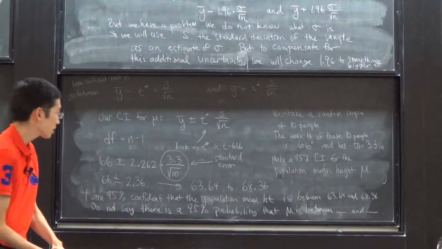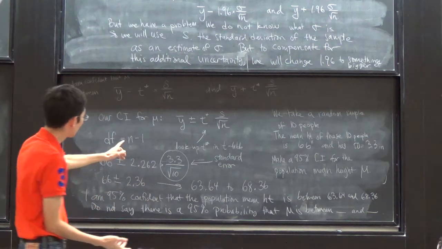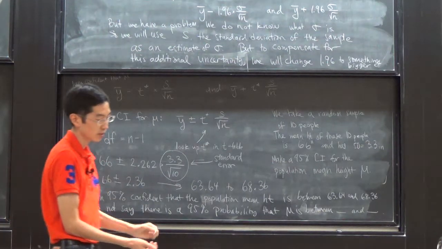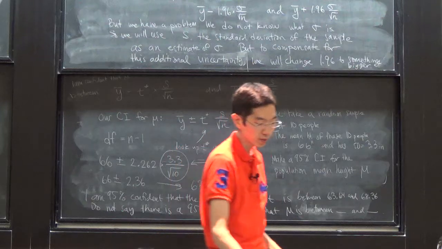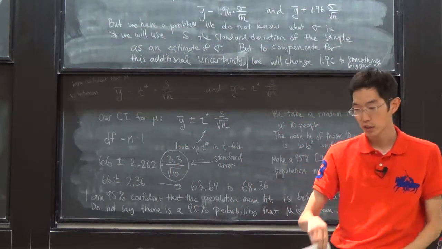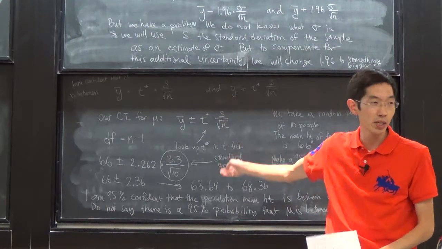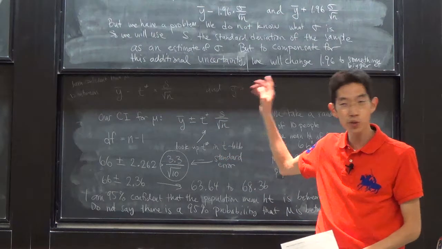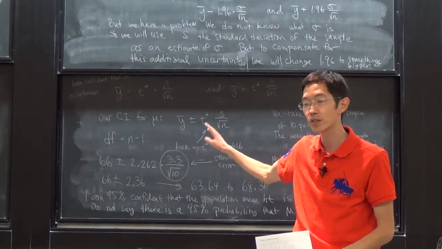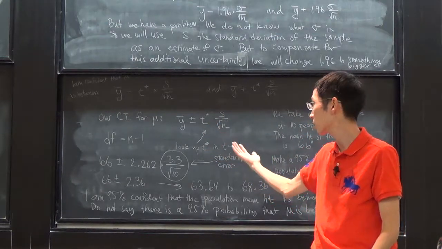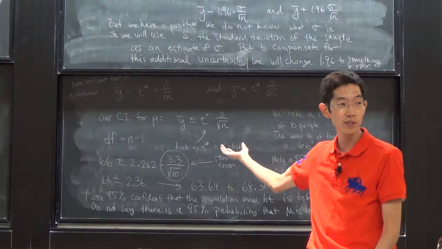Okay, so I won't do the illustration in R, but instead I'll just say, what does it mean to be 95% confident? The idea of 95% confidence is that if I were to repeat this process many times, take a whole bunch of different samples of size 10, and for each of those samples create a 95% confidence interval.